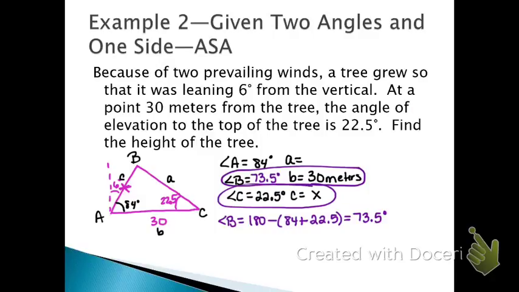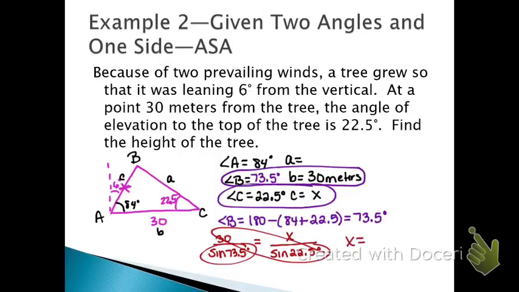So we said we got side B, which is 30, over sine of angle B, which is 73.5 degrees. And that's equal to side C, which we don't know, that's the X that we're looking for, over sine of angle C, which is sine of 22.5 degrees. So then again, we're going to cross multiply and divide.